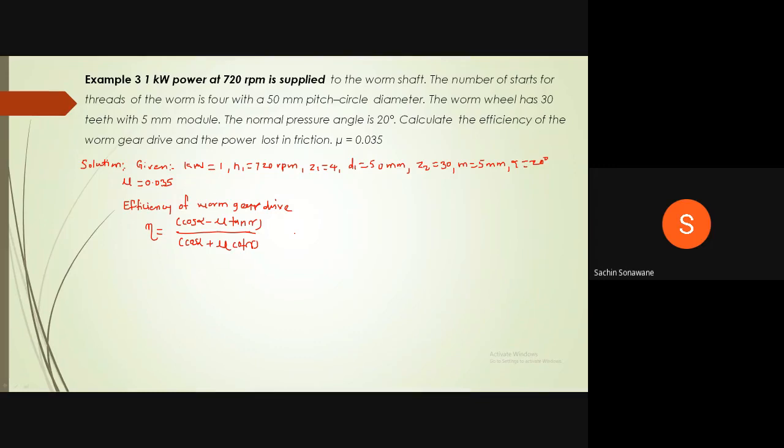To find gamma, that is tan gamma, we must know the lead. Therefore, L, the lead of the worm, is equal to pi m z1, which is equal to pi into 5 into z1, which is 4.